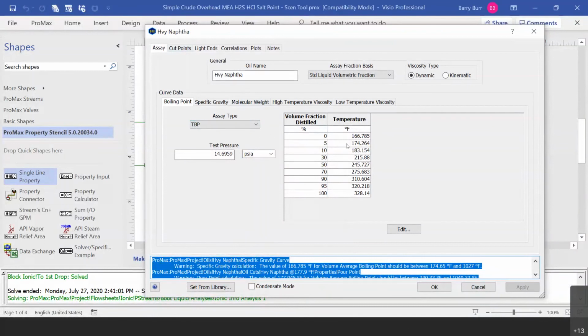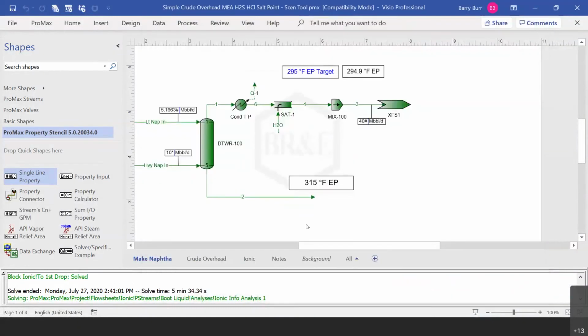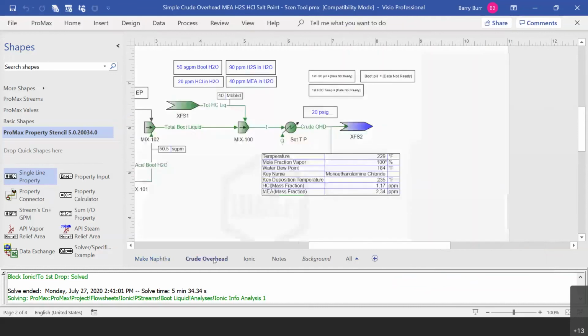I can't really tell what it came from, but I seem to recall that it was Brent heavy naphtha and Brent light naphtha were what these were defined as, and then I could create some mixture of those that will have a 290 degree F endpoint. And that's all I really cared about, was getting a naphtha that had an appropriate endpoint. And I think that's going to be a good enough estimation.